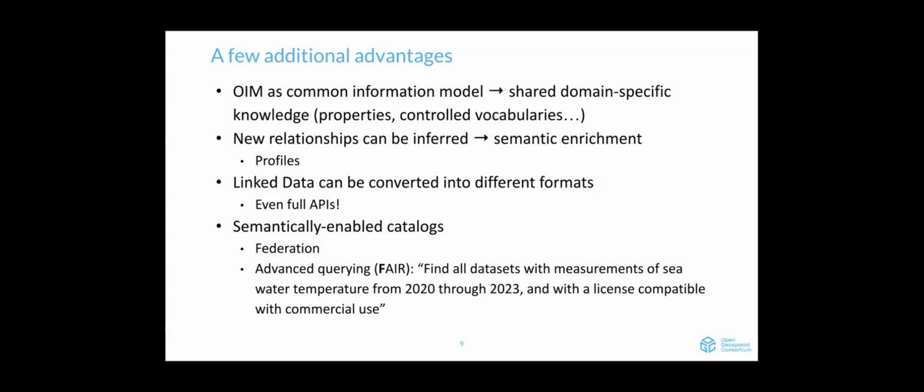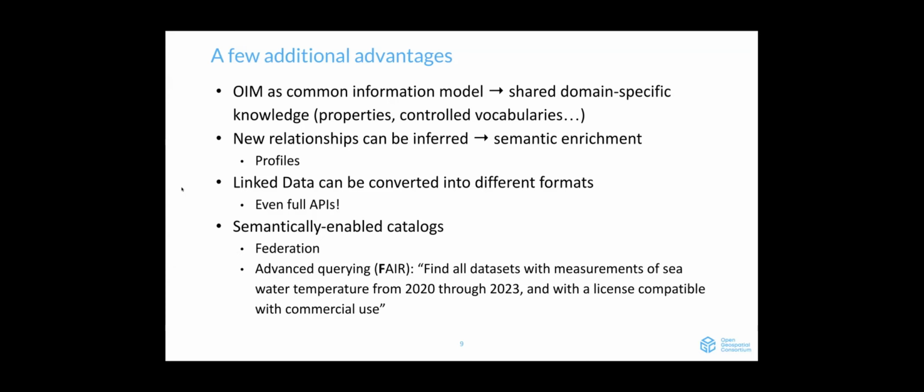And we can work with profiles, different types, different views, perspectives of the data, depending on what the consumer is interested in. I think Raul is going to show examples of this later on, we can convert linked data to many other different formats and even create full APIs on the fly.